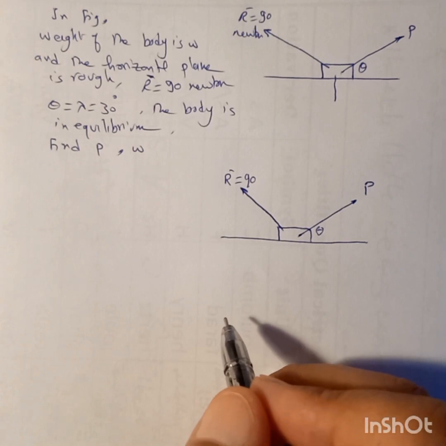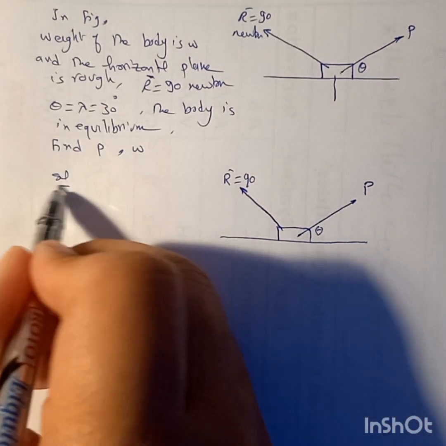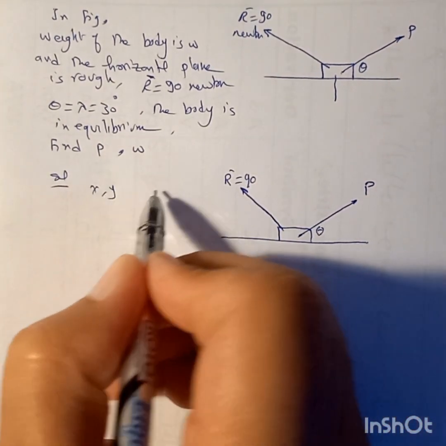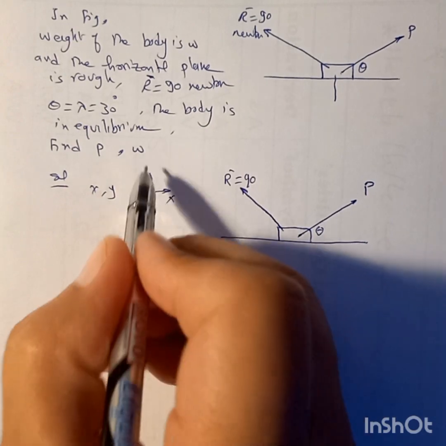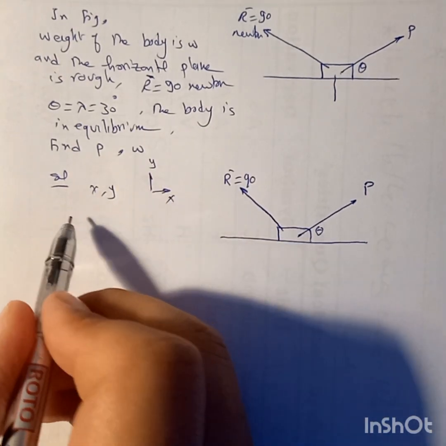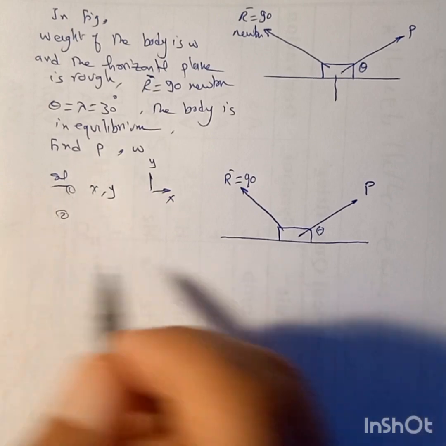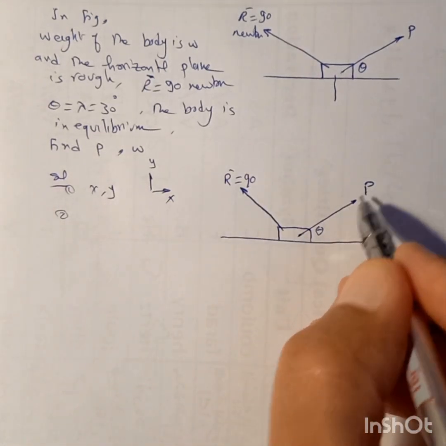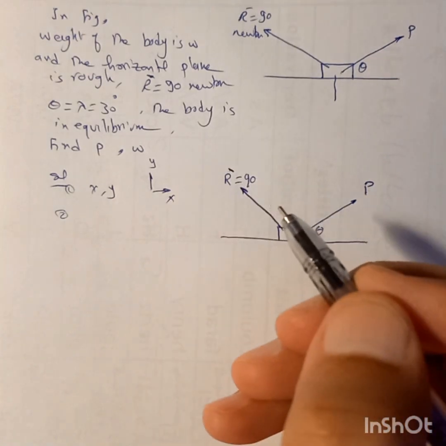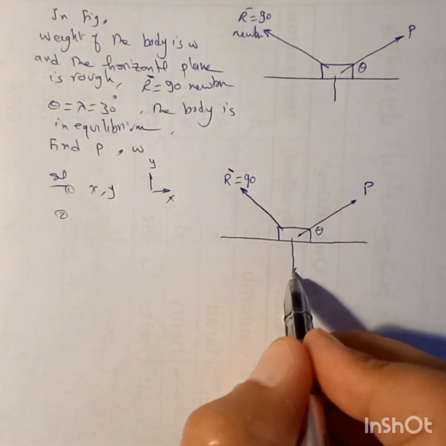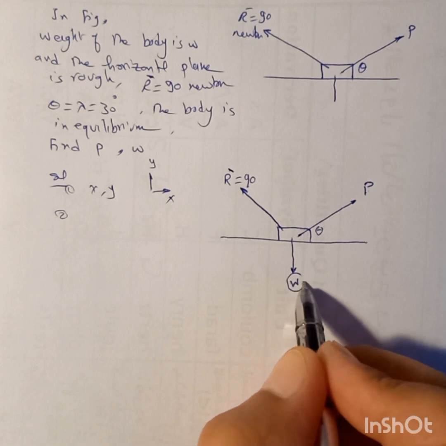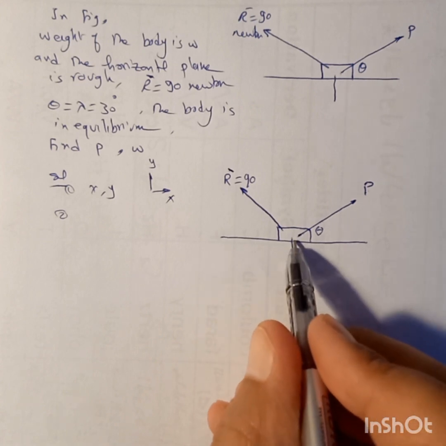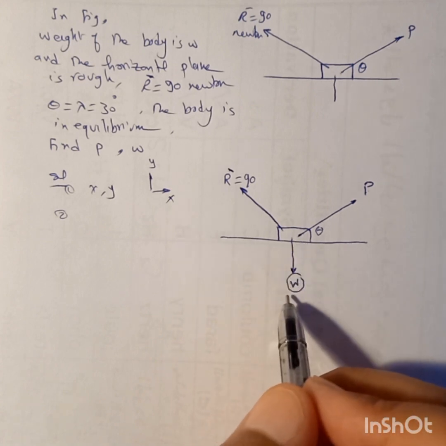Then we'll assume x and y in the horizontal and vertical directions. Number two, identifying the forces acting upon this body. We have this external force P, and this resultant reaction, and of course W, the weight of this body, which acts vertically downwards like this.